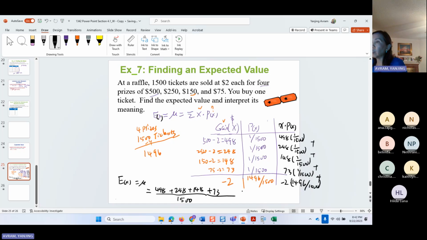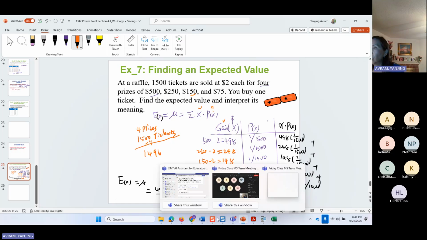This one is negative, so you have to minus 2 times 1496, and that's a big number. You add all of this together and then divide by 1500.